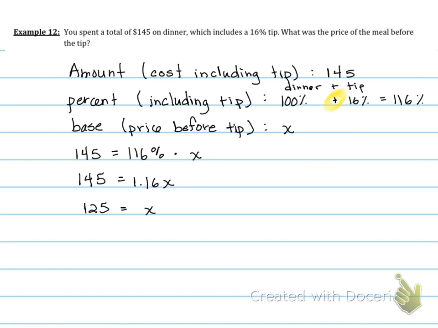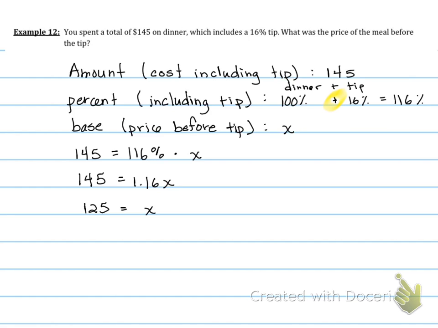Other questions? On all of these application problems, guys, I think that the biggest mistake people make is trying to memorize one specific type of problem instead of just working with what you're given.